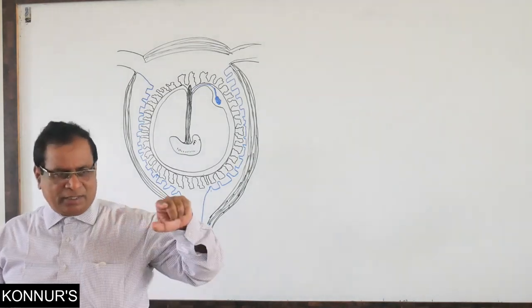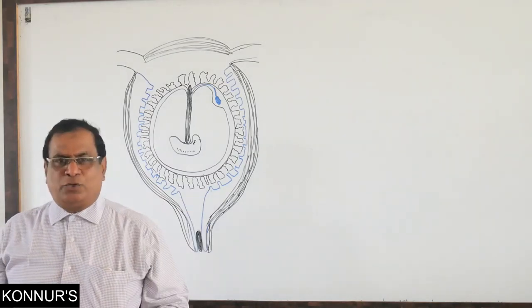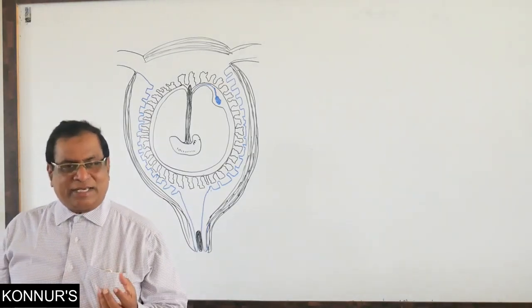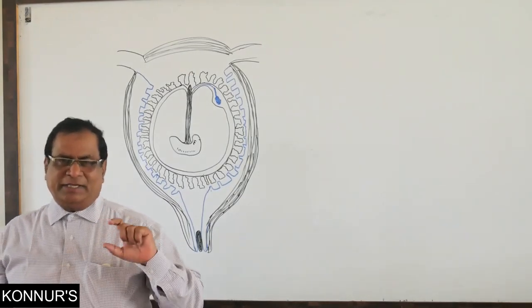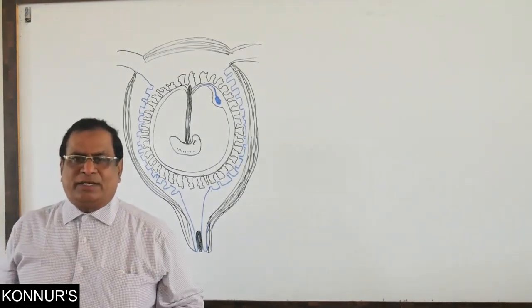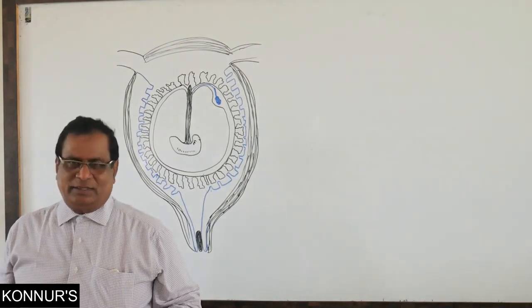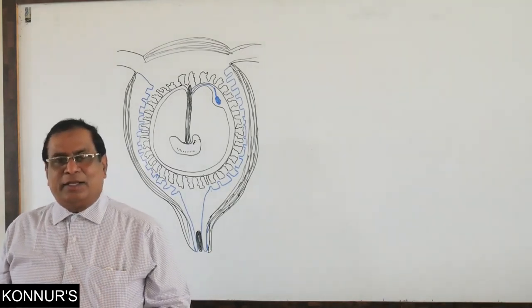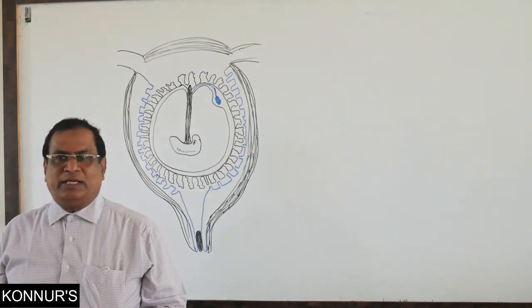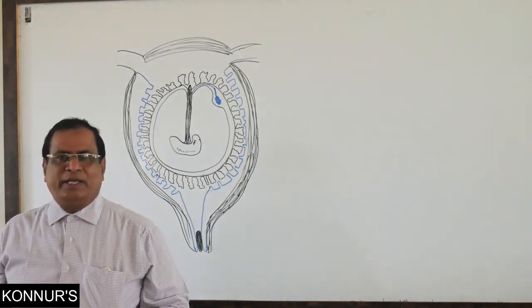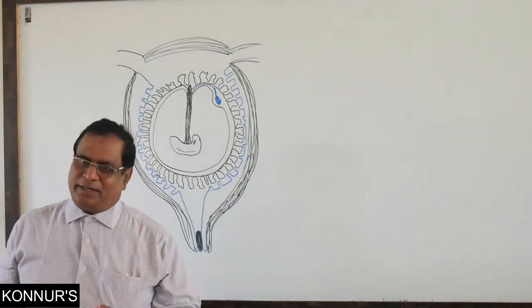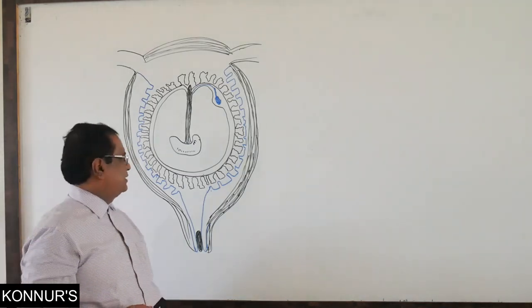It has the peripheral cover, the trophoblast, and the central inner cell mass. At that time it attaches to the endometrium of the uterus and gets embedded in it. That is said to be implantation. That we have already discussed.